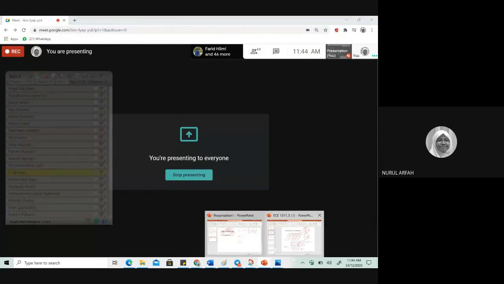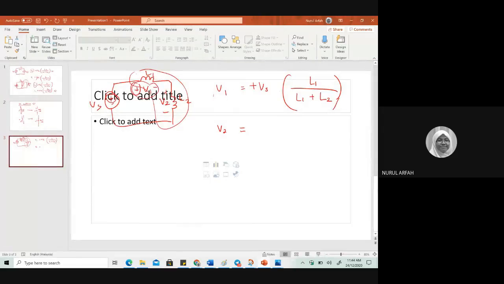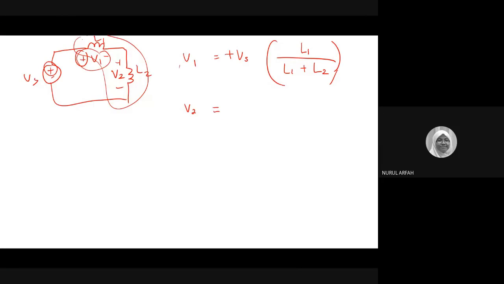Okay, go back to the slide. So V2, can you give me the answer? V2 is equal to what? Yes, VS, bracket. Voltage drop at L2, then L1 plus L2.